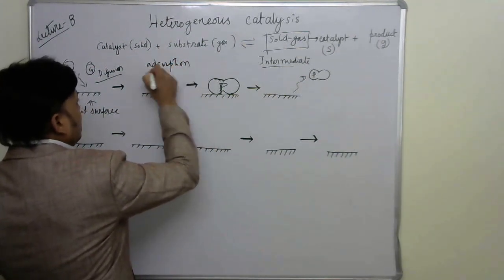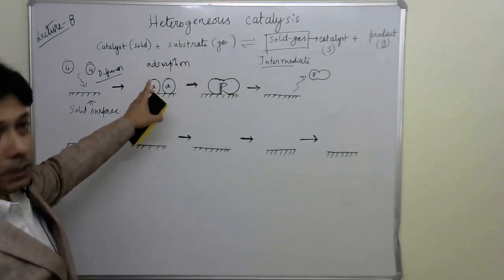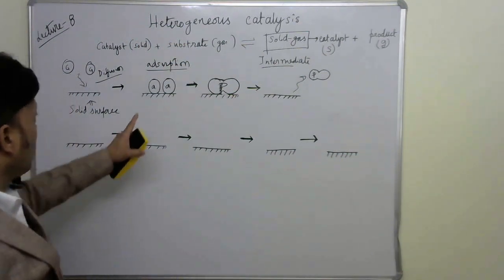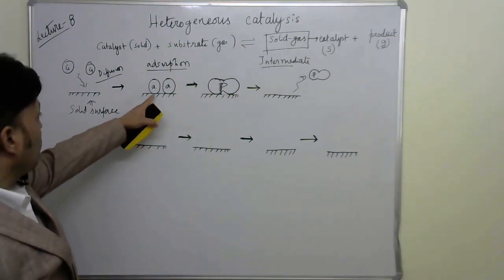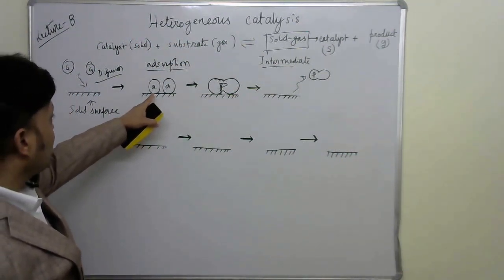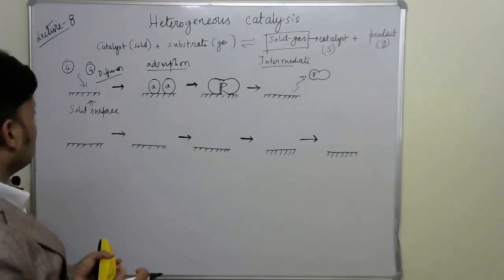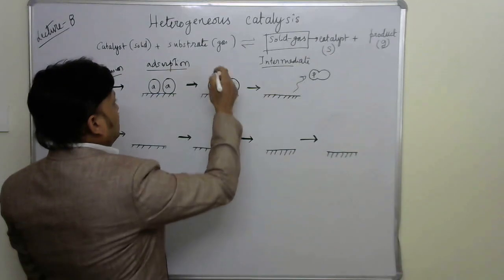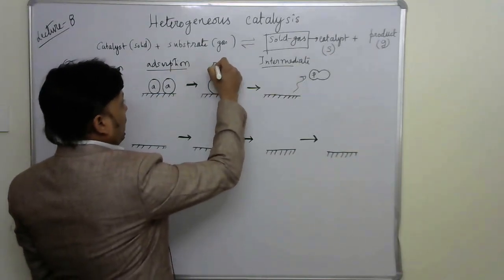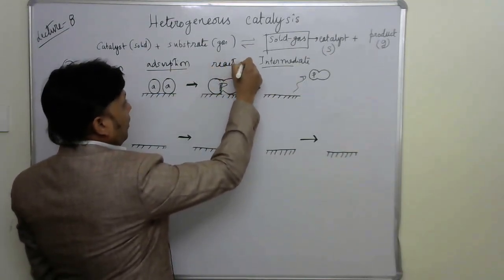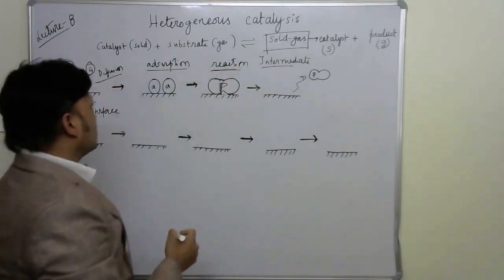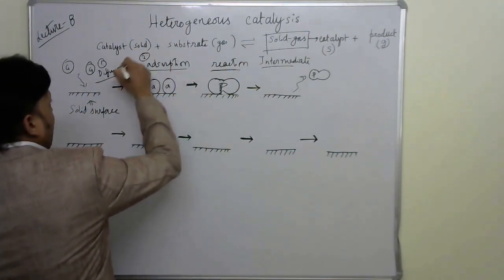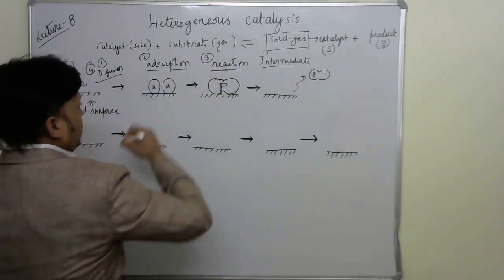Okay, so remember, this is not absorption, so there is a basic difference between adsorption and absorption. Anyway, this is called adsorption, and these molecules are called adsorbed molecules. Okay, and the next step is called the chemical reaction, where the two gas molecules react. So I can actually also number them. One is the diffusion, second is the adsorption, third is the reaction.